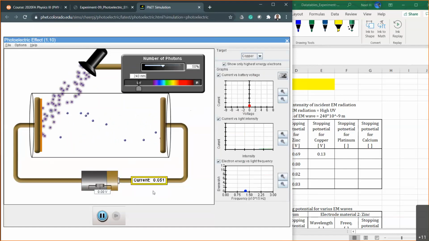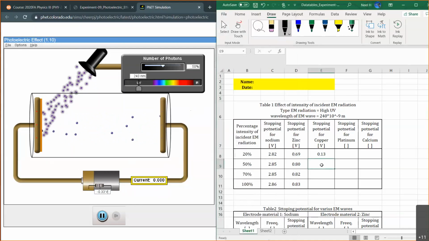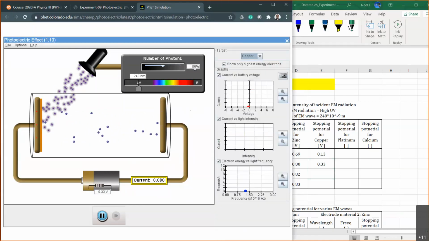Up to 50%. That's what we see here. Let's try the reverse voltage. Negative 0.5. Negative 0.3. If there's a number, 0.33. It means 0.2. 0.33 is exactly when that happened. 0.33. Try 70%.